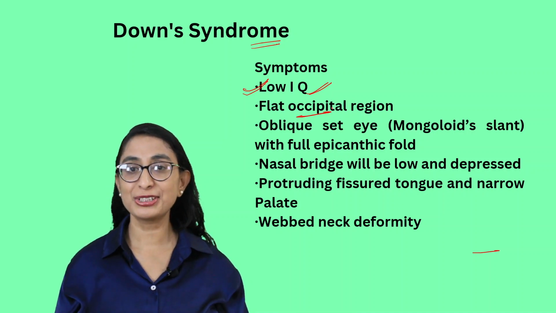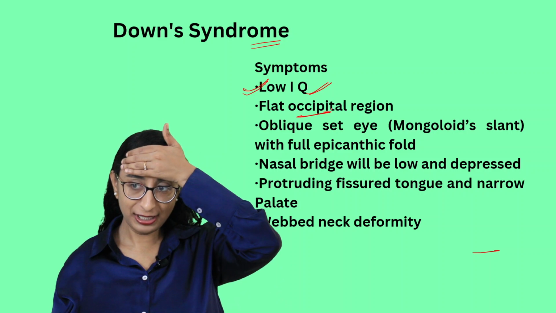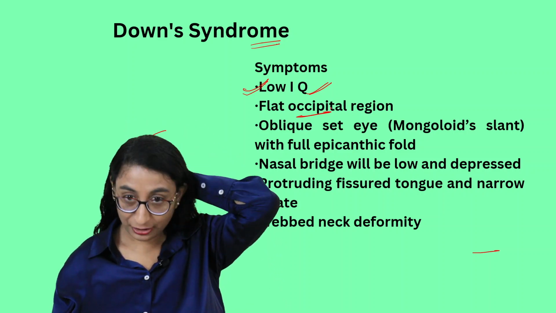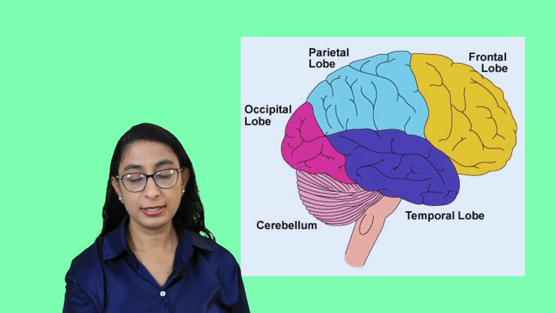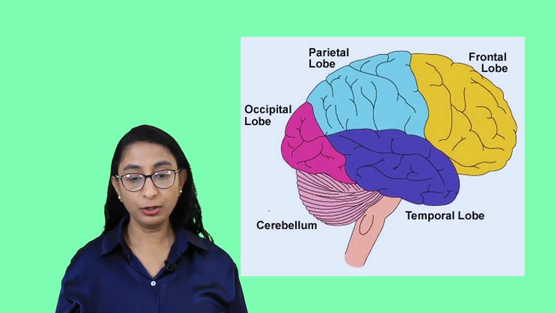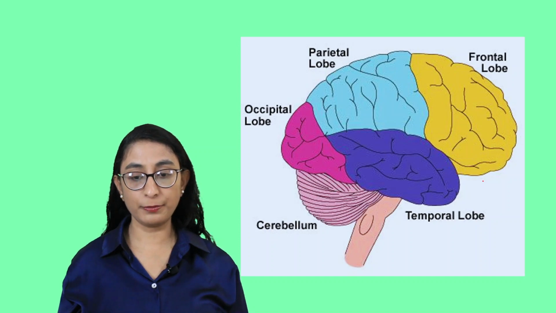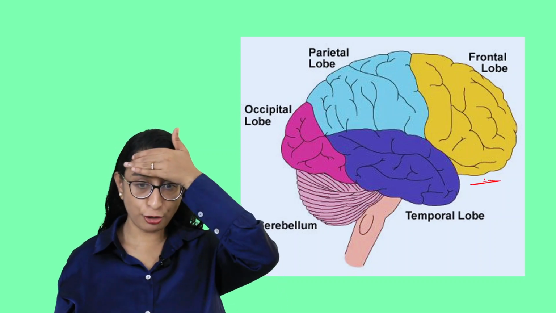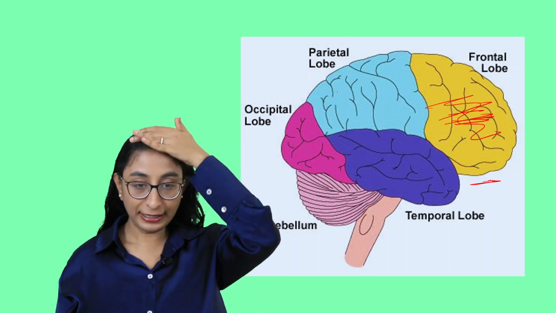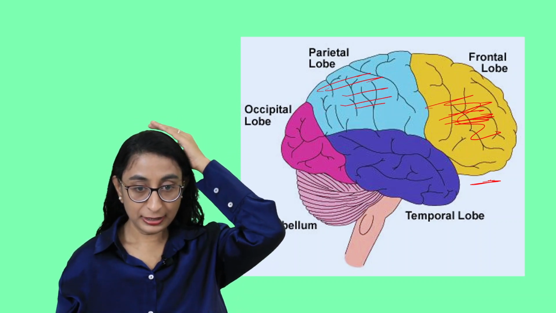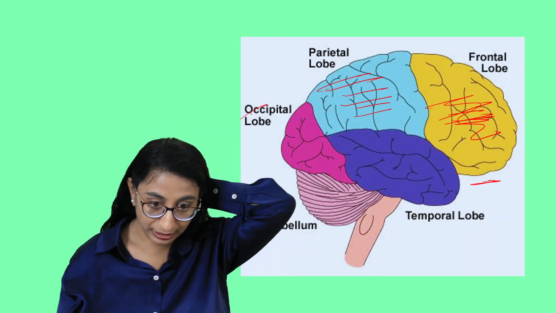So what do we mean by occipital? This is the frontal, this is the occipital. I will show you with the example of a picture. You can see in the brain we have different lobes, isn't it? This is the front part of our brain or head. This yellow color part is the frontal, and then we have the parietal, and then we have the occipital here.